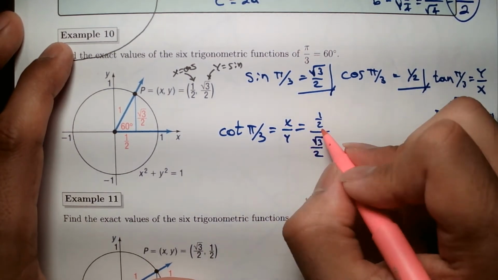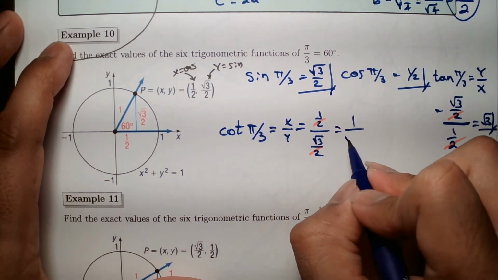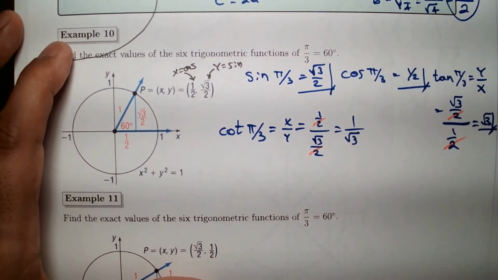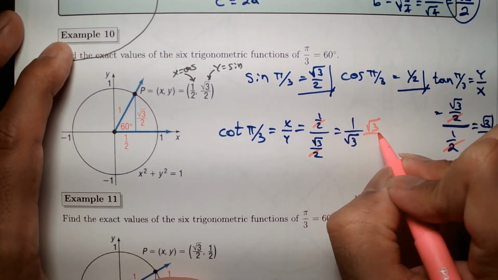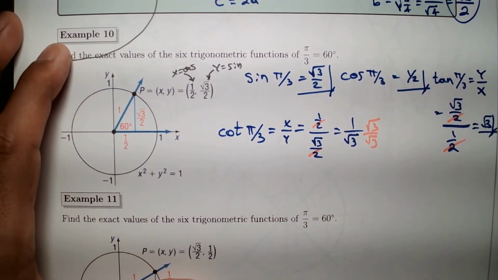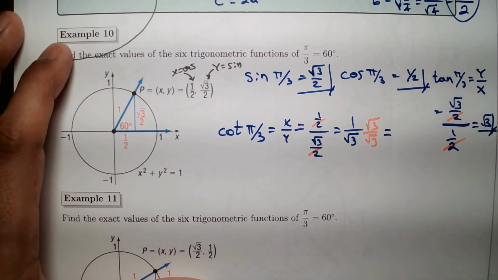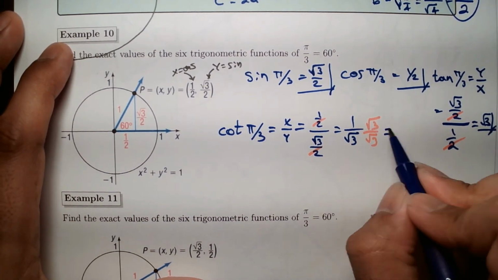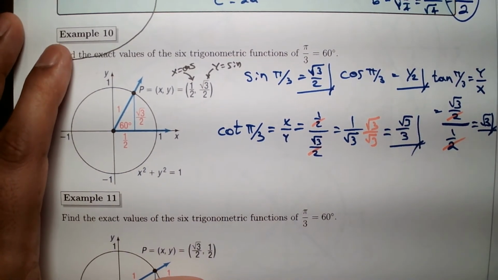Cancel these 2's. 1 over square root of 3, which is, again, be careful. We need to rationalize the denominator. You don't want those radicals in the denominator, at least not in this section. And that's going to be square root of 3 over 3. Okay, final answer for this.